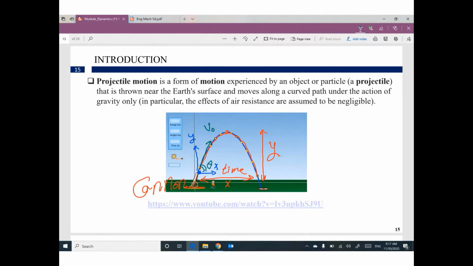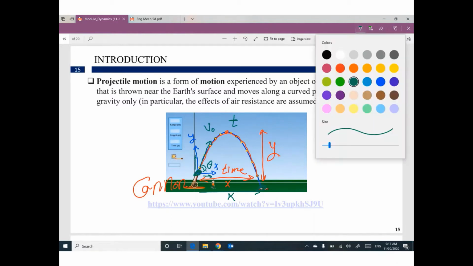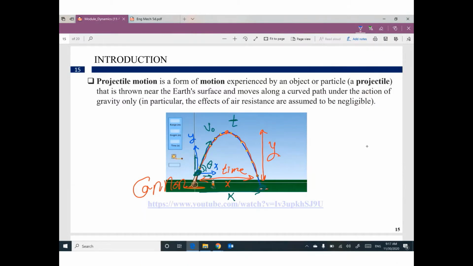I don't care about the name, but we have an inclined angle. So this velocity can be broken into two components, horizontal component and vertical component. Using these components will help you to figure out the horizontal distance x, the time needed for this projectile to reach from this position to this position, then we can figure out the properties of motion. It's very easy.